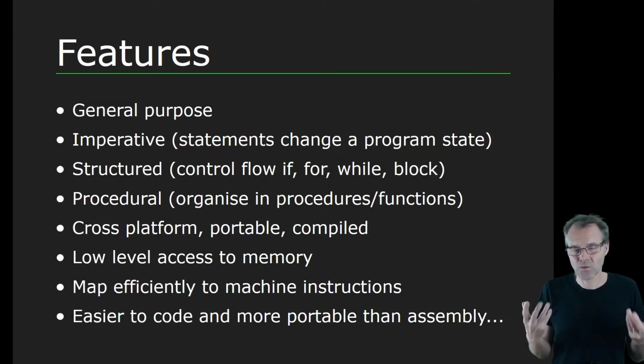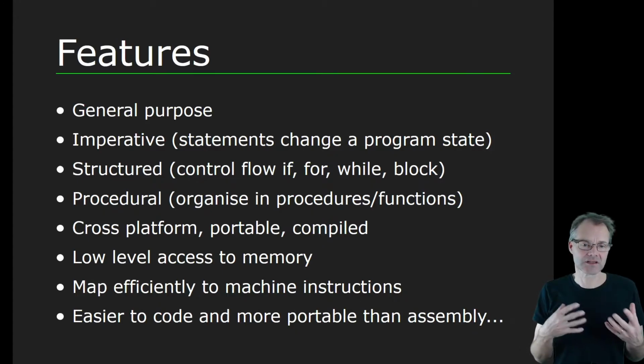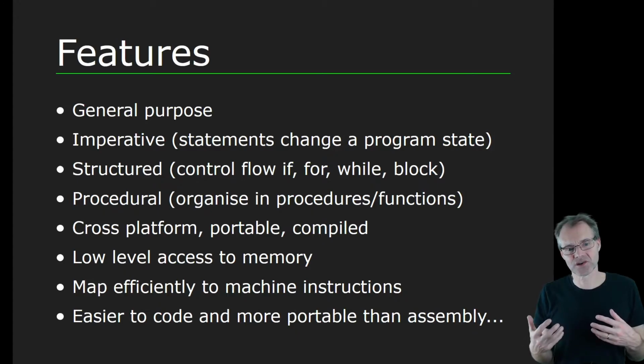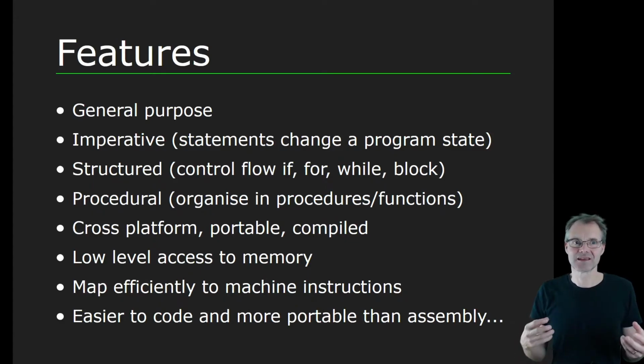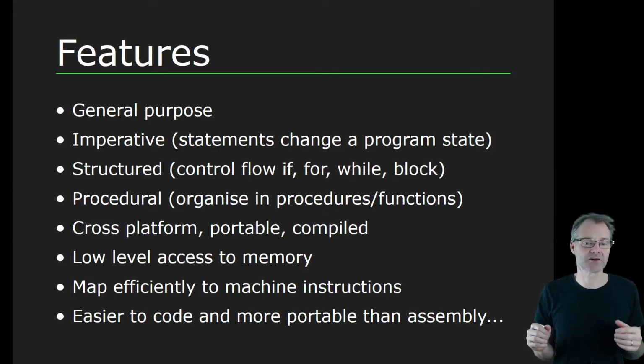The features of the C programming language, well, we say it's a general purpose language, so we can use it to do, well, whatever. It's good for that. It is declared as an imperative language, which means that the statements in the program change the program state. The program state here means the values the variables are holding. It is a structured programming language because it has control flow like if, for, while, and it has block statements.